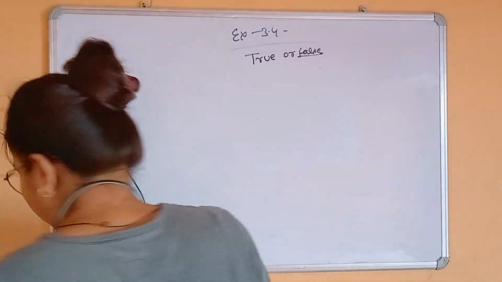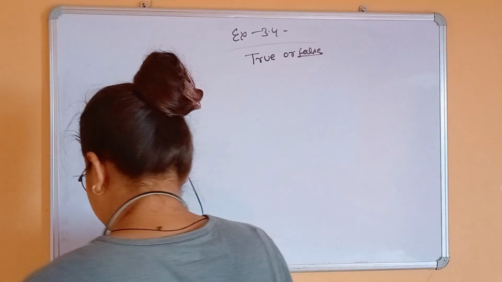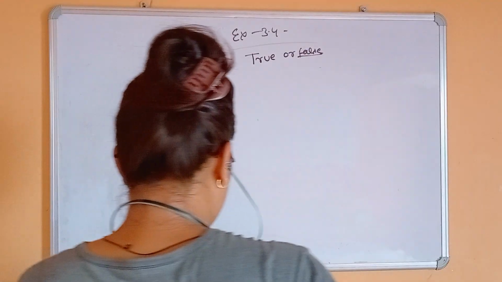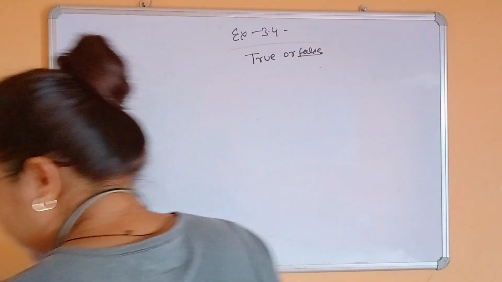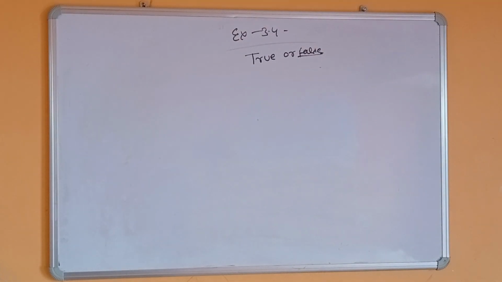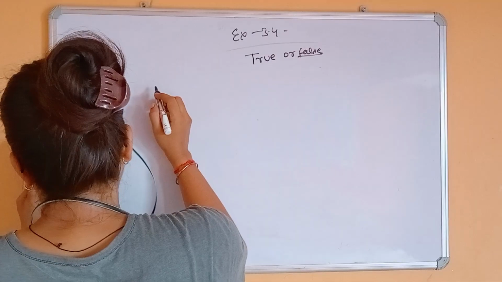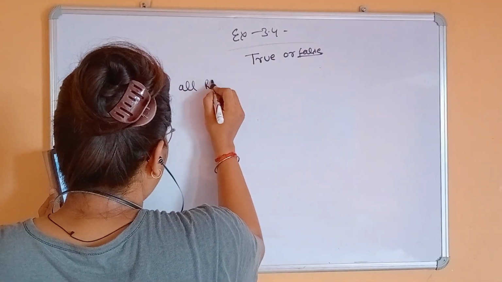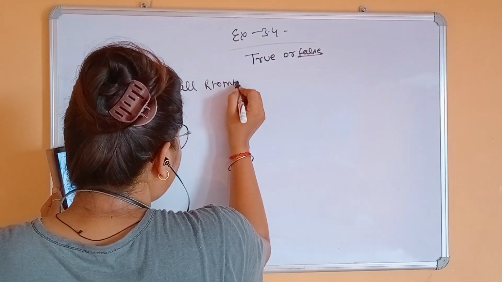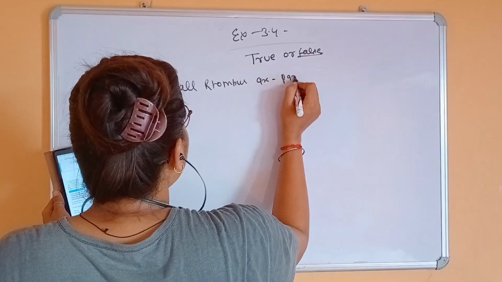What does the second question say? The second question says all kites are rhombus. Then the next: all rhombus are parallelogram.